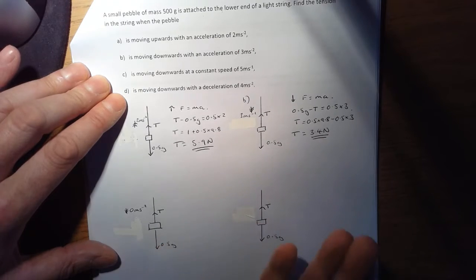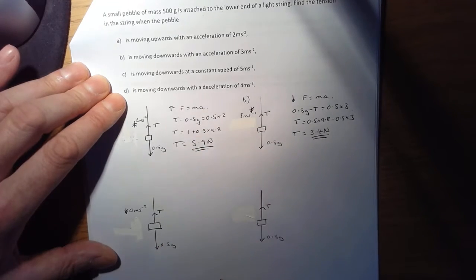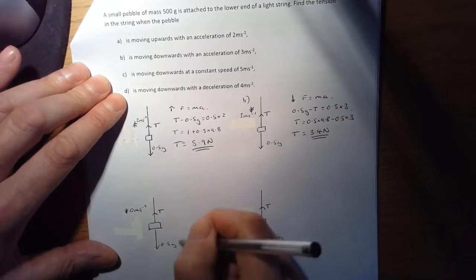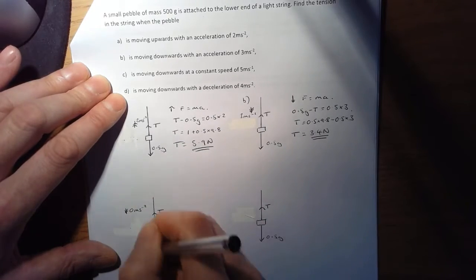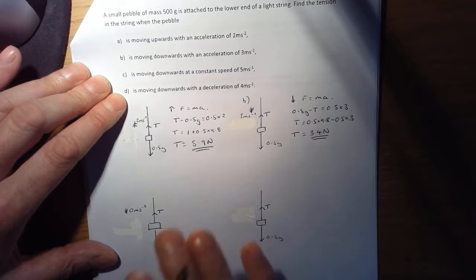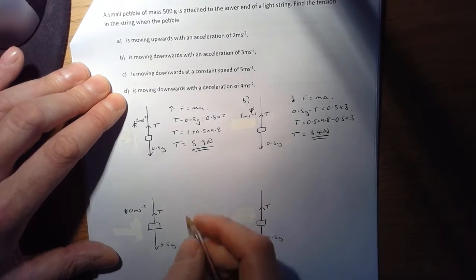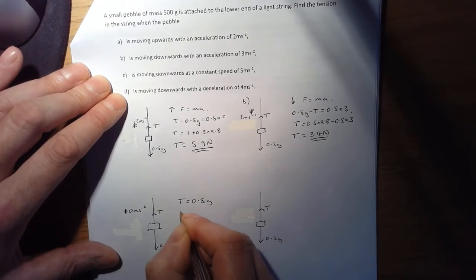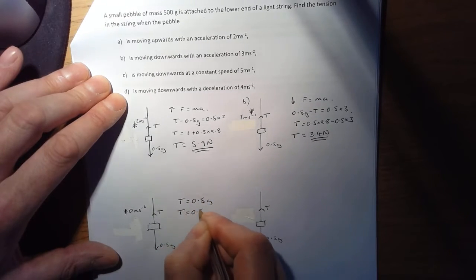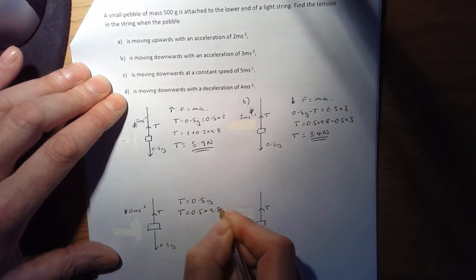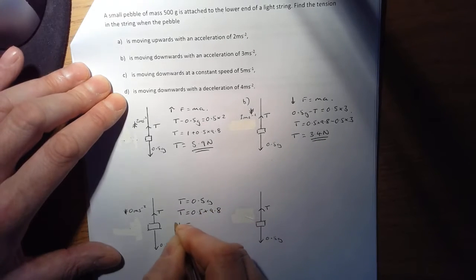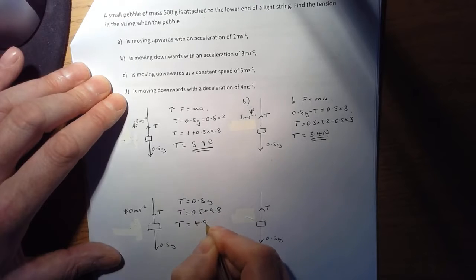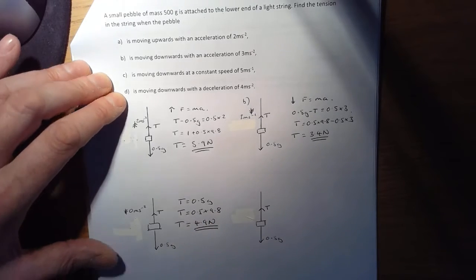So I can think of it as F equals ma with a 0 acceleration, or I can just think of the whole system as in equilibrium. There is no change in velocity, so the acceleration is 0. So T equals 0.5 G, T equals 0.5 times 9.8, which equals 4.9 newtons.